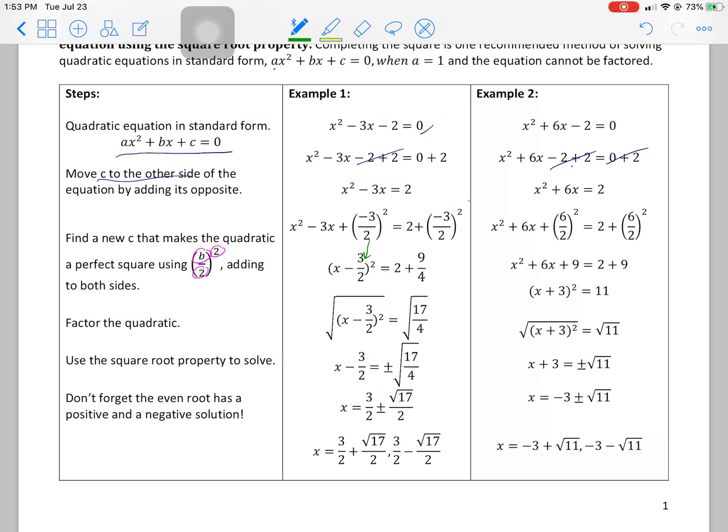So ignore that square right here. You are making something that factors, even though it's got a fraction in it.